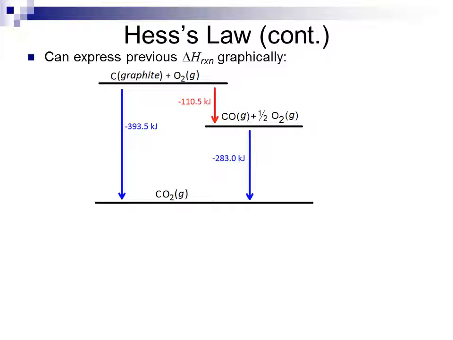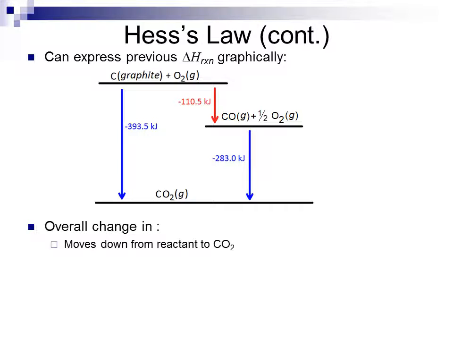From there, we can go down from carbon monoxide and the 1/2 O2 to carbon dioxide at negative 283.0 kilojoules. So the overall change then, if I move straight down from the reactants to CO2, I can get an enthalpy. I can then go up from there to reach the CO plus the 1/2 O2, which is what we did in the Hess's law process.